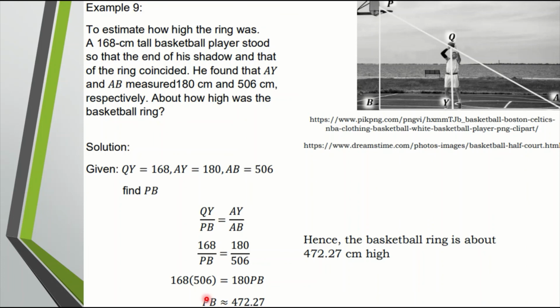So again, PB is approximately 472.27 centimeter high. So ibig sabihin yung height ng ring is 472.27. Okay?